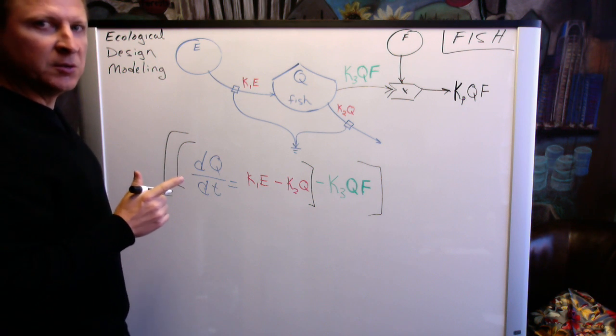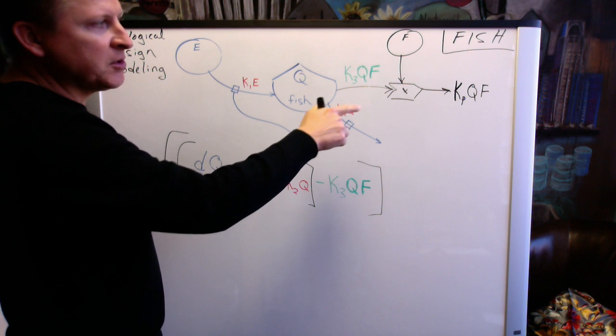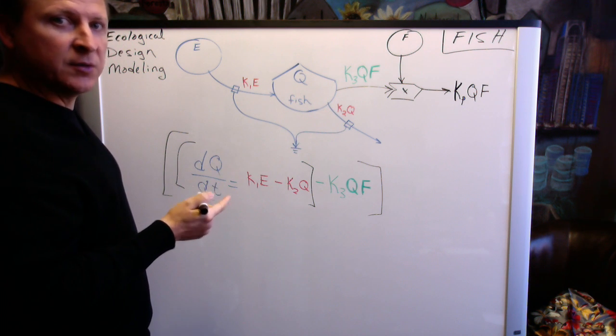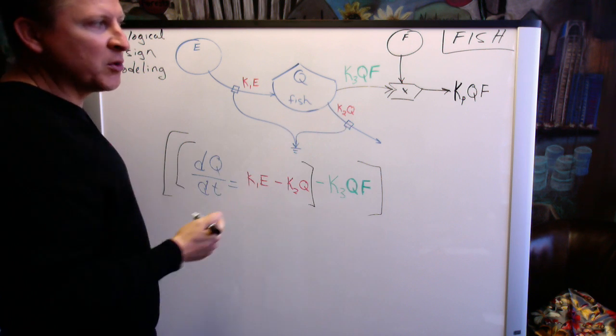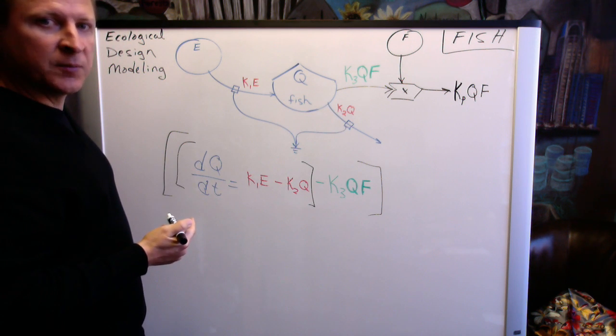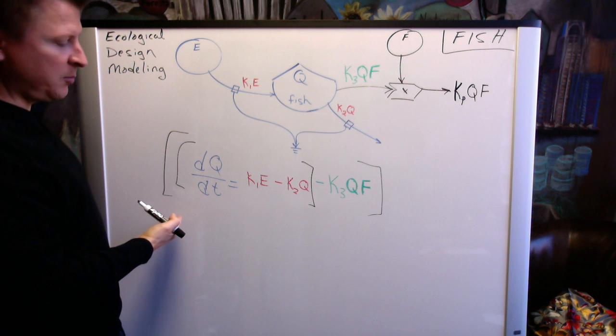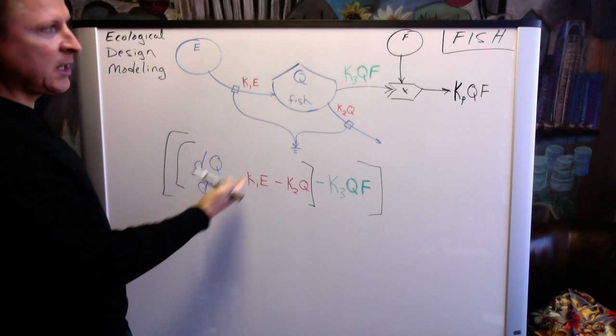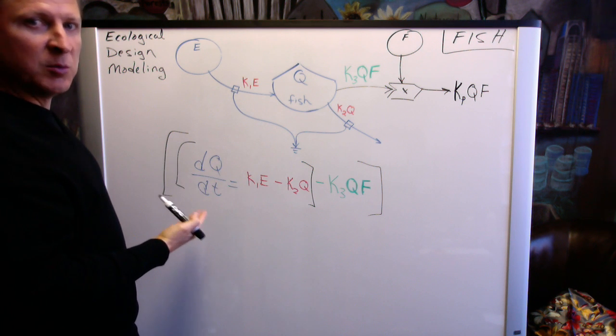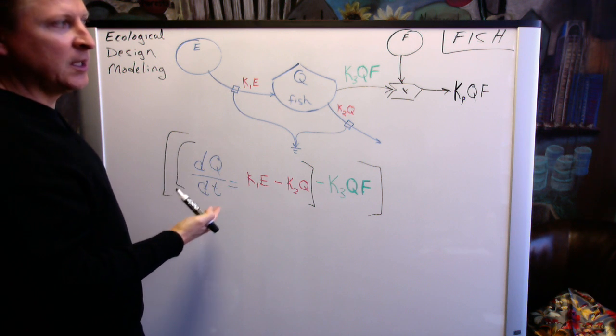We should also note that the production of fish, or the landing of fish, the fish that we have on the boat ready to sell, is proportional to KPQF, and that does not become part of the differential equation for Q, because K3 is the actual catch, the removal of fish from the population.